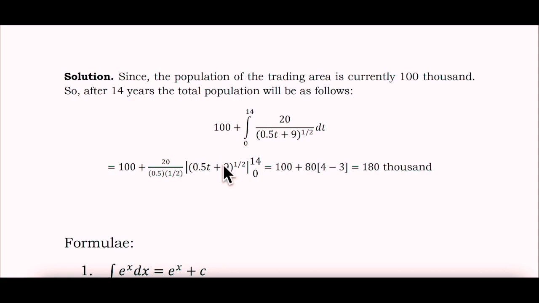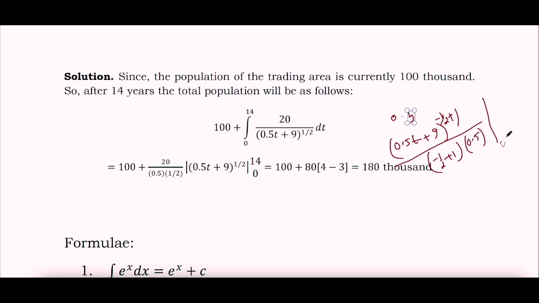So the integration is very simple. First you need to take 20 out of the integration since 20 is constant. And then (0.5t plus 9) to the power minus half plus 1. If you integrate, you will get this, minus half plus 1, times what here? 0.5.